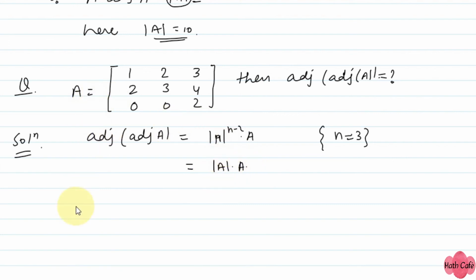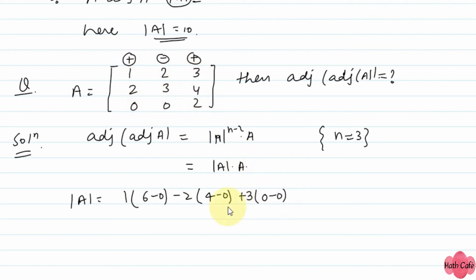Now we will find the value of determinant A. If I expand this along row number 1, with signs plus minus plus, we get plus 1 multiplied by 3 into 2, 6, minus 0, minus 2 multiplied by 2 into 2 minus 0, so 4 minus 0, and finally plus 3 multiplied by 0 minus 0. So we get 6 minus 8 plus 0.